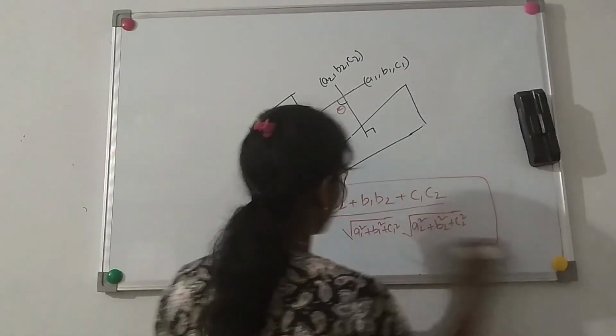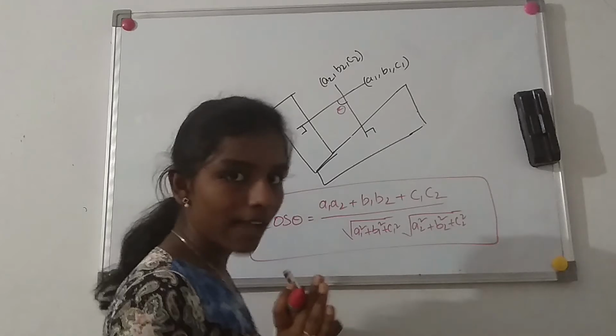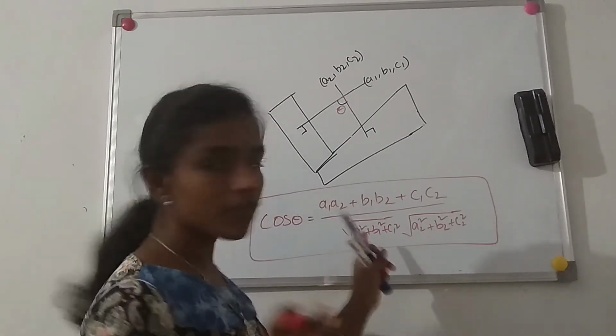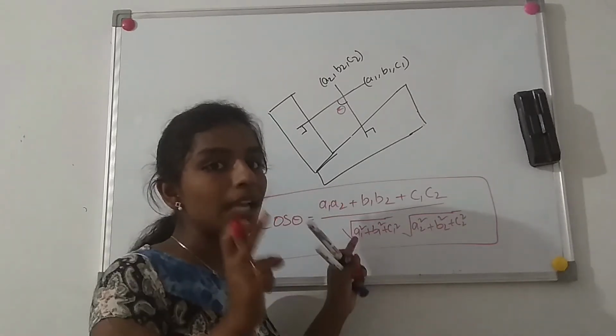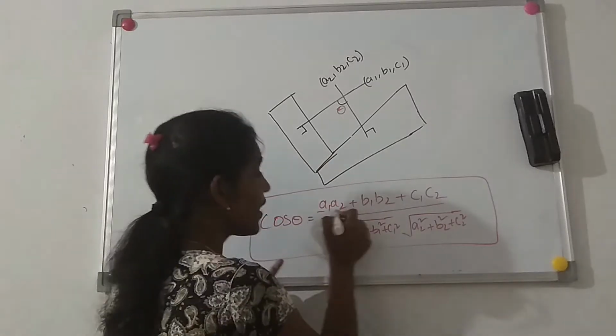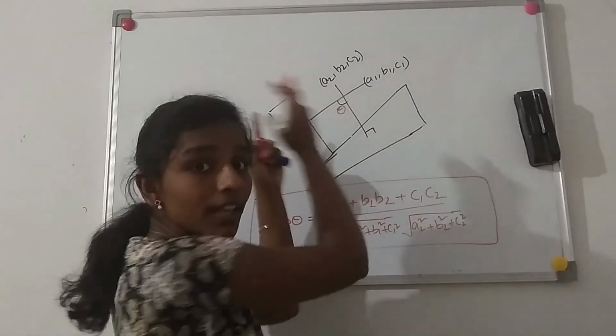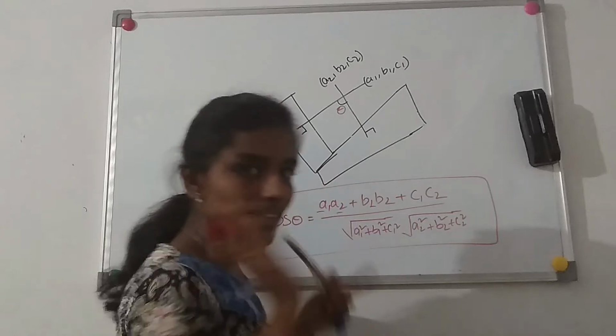Okay, have you understood the formula? So this is the formula to find the angle between the two planes. Now what are these? drs of the normals of the planes. Okay, got it?